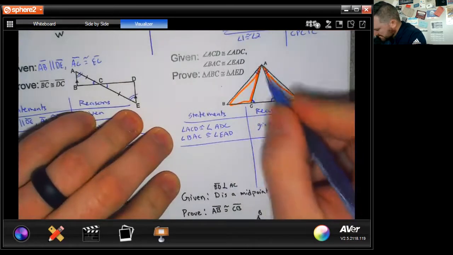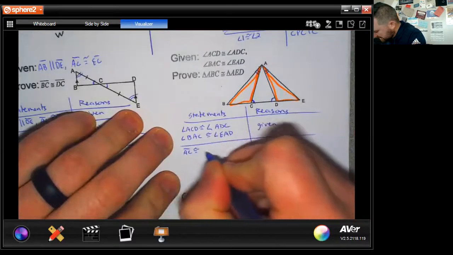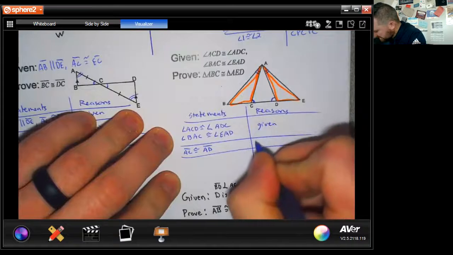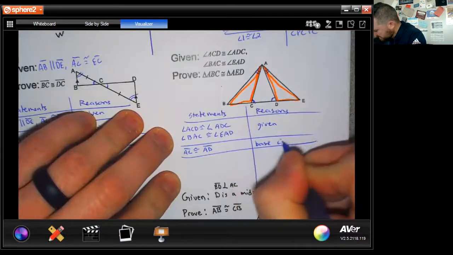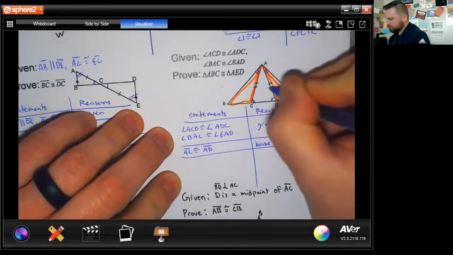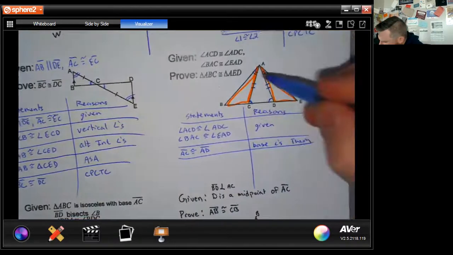So AC and AD are the same. So AC is congruent to AD. That is the base angles theorem. So here and here. Okay. So you have an angle and a side.